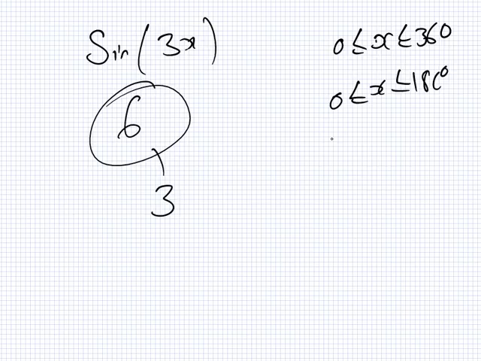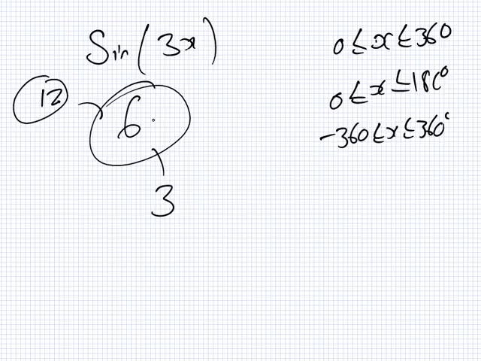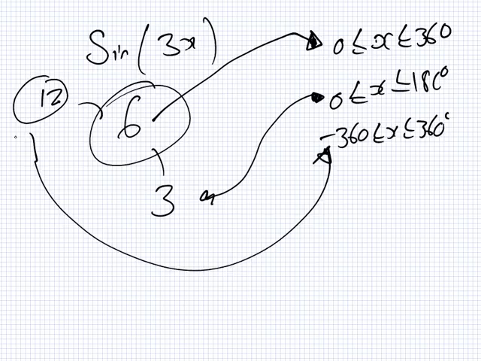But likewise, if we did what you did, minus 360 to 360, that's twice the normal size, so I should have 12 answers. So the 6 is only if it's a regular size. If it's half the normal size, it's 3, but if it was twice the normal size, it'd be 12. Now this is only a guideline, because remember in one example we had the same angle twice.